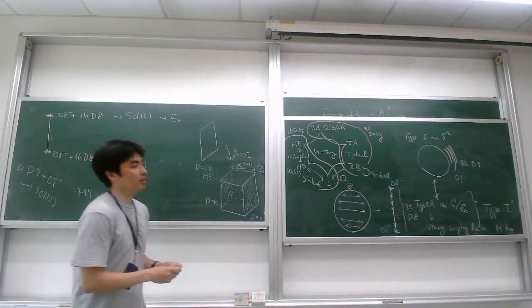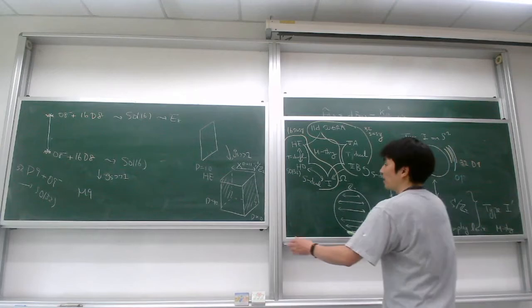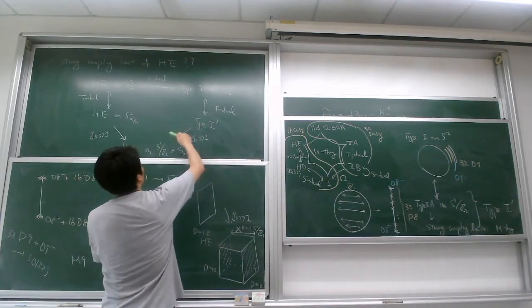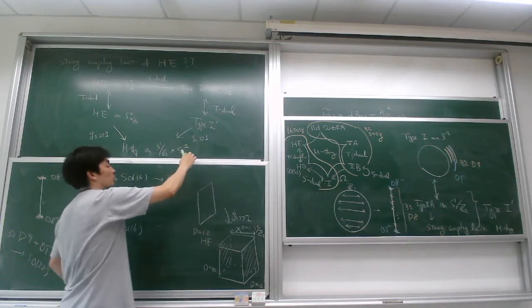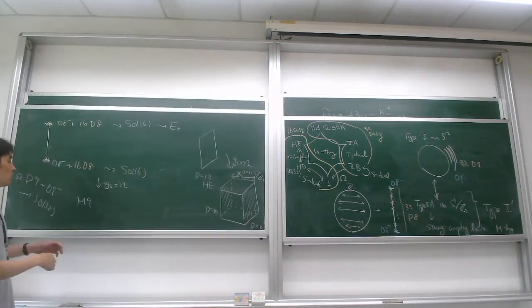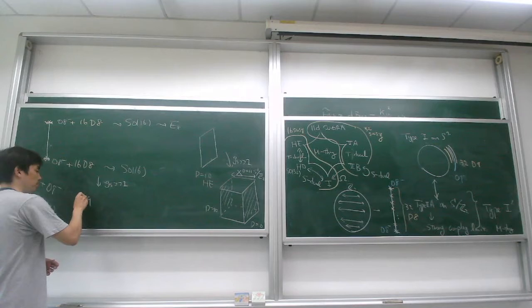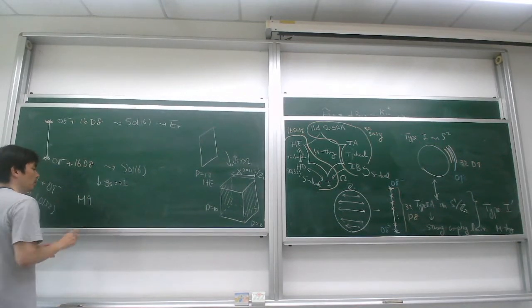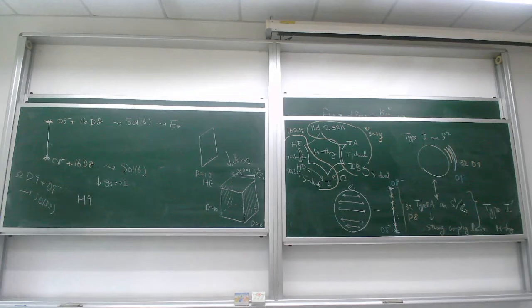So we're just looking at this path now. When you go from here to here, another direction, S1, will show up, and this becomes the so-called M9 plane. That will give you E8 indeed.